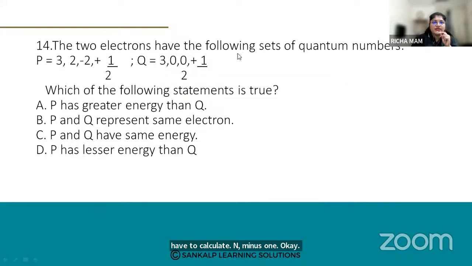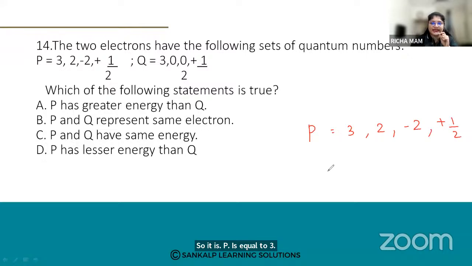Two electrons have the following sets of quantum numbers. So there are two electrons, any two electrons. For one electron, P, the set of quantum numbers is 3, 2, minus 2 and plus half.